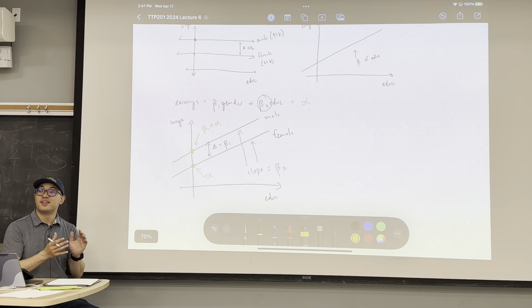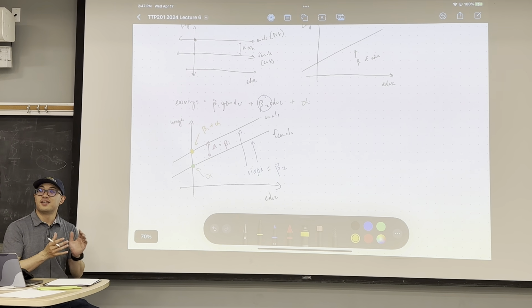And then let's say we have our intercept. So our interpretation here, this intercept would be here, and same as before, this is equal to this plus this, so this is beta 1 plus alpha, and this is just alpha.